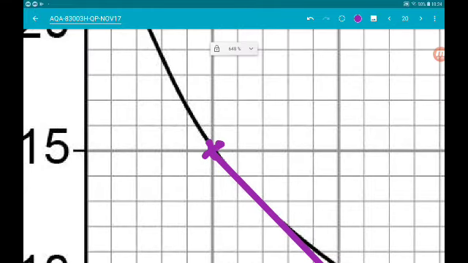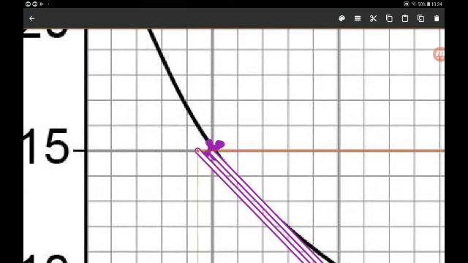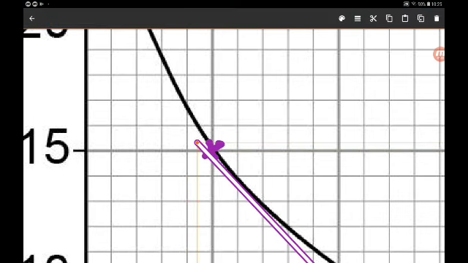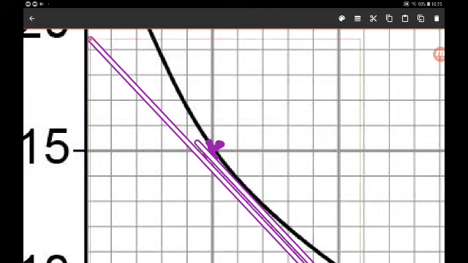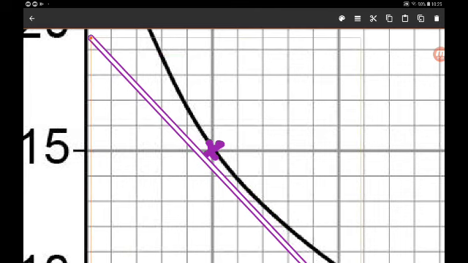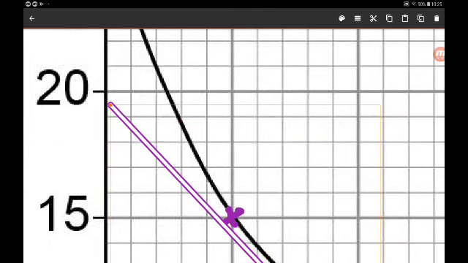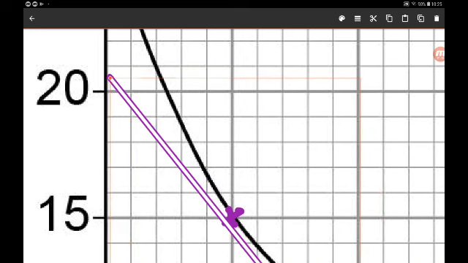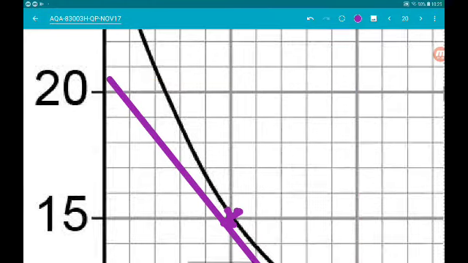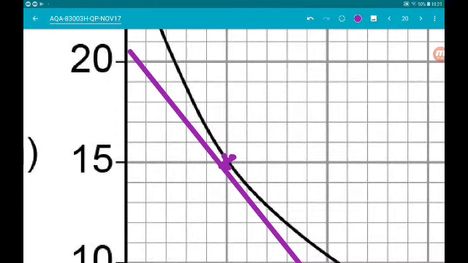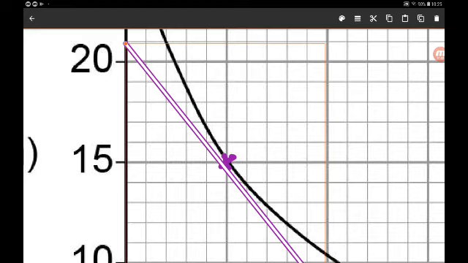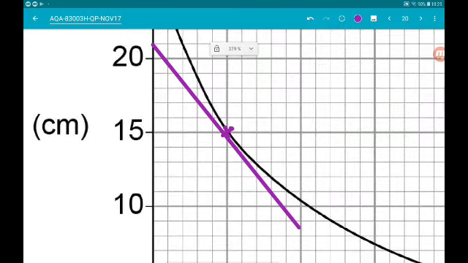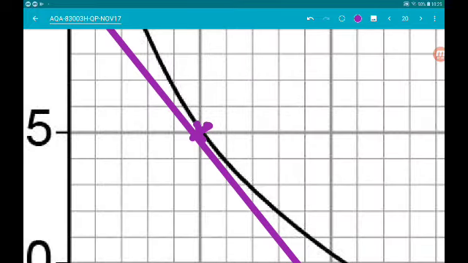Okay, a bit tricky on the tablet. Okay, so that's pretty much doing the job.